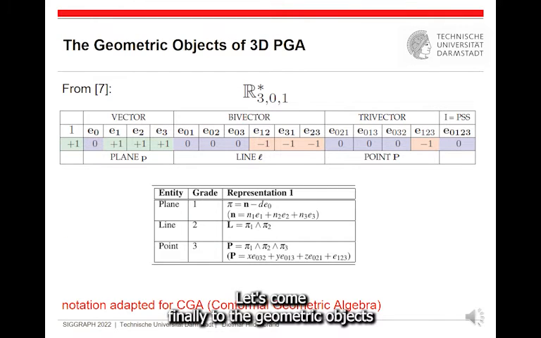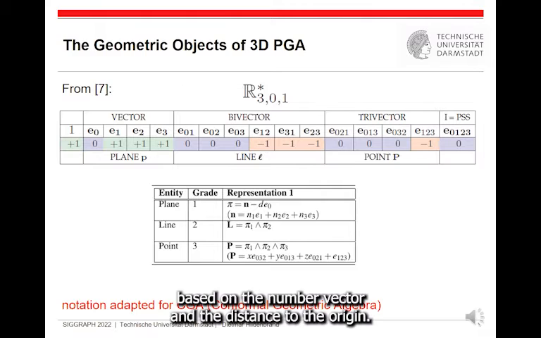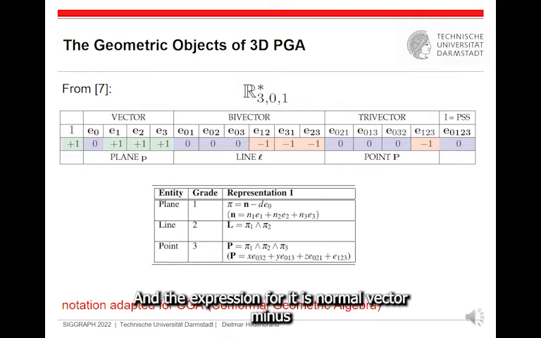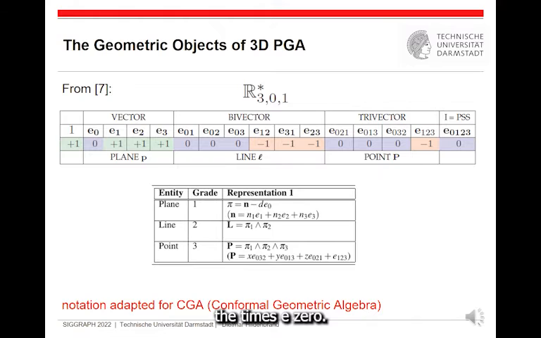Let's come finally to the geometric objects, which can be handled in 3D PGA. They are mainly the planes, lines, and points arbitrary in space. For instance, the plane can simply be defined based on the normal vector and the distance to the origin, and the expression for it is normal vector minus d times e0.